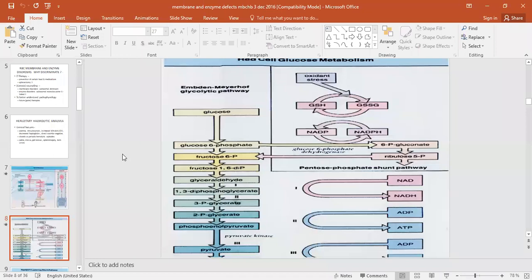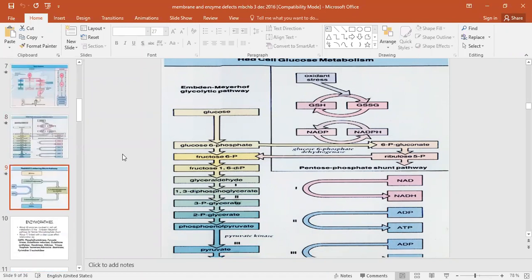So it is important for us to understand these pathways and the role of the enzymes. There are so many other enzymes that we shall be talking about, but it is just important for us to realize that for all these processes to occur and for the cell to maintain its energetic requirements, you need these enzymes to play a key role.